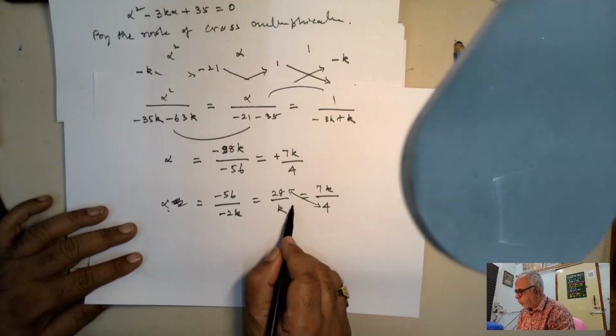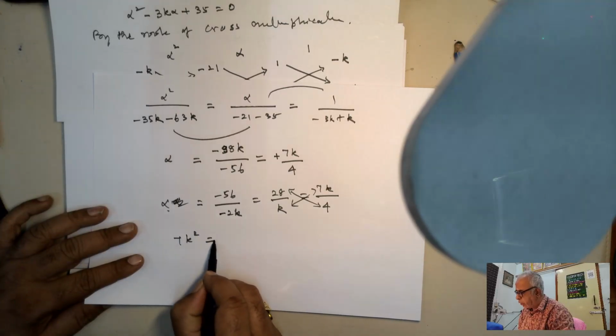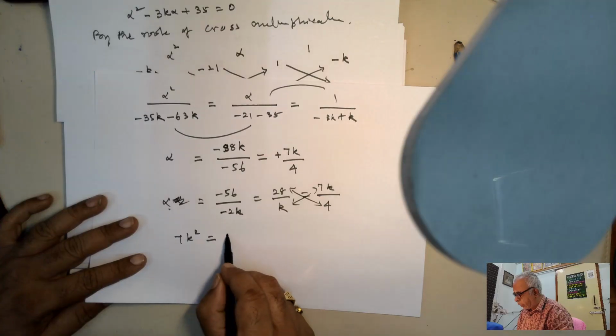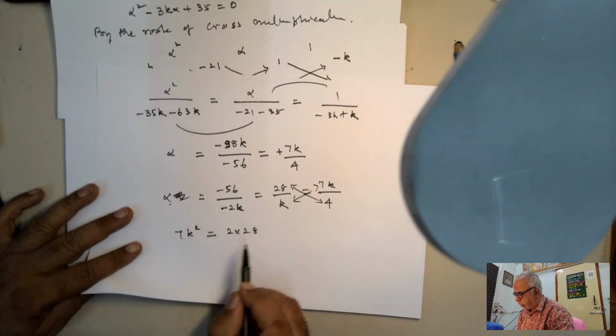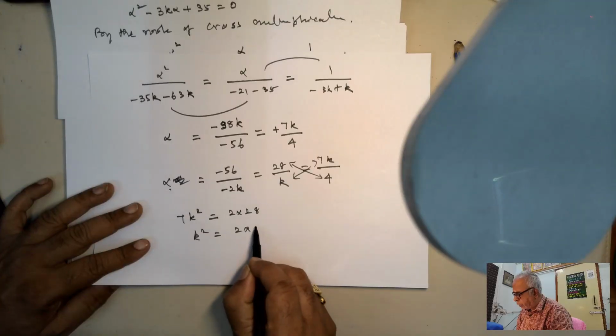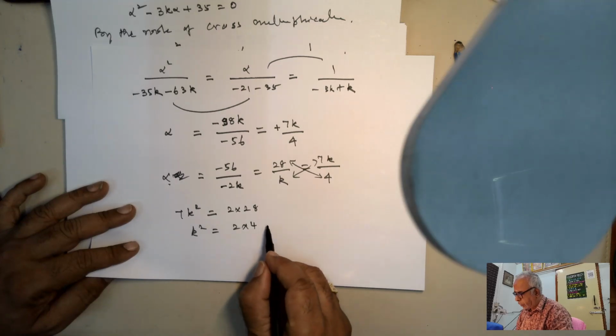Now once again you can cross multiply. So 7k squared is equal to how much? 4 into 28. Therefore k squared is equal to 4 into 4.